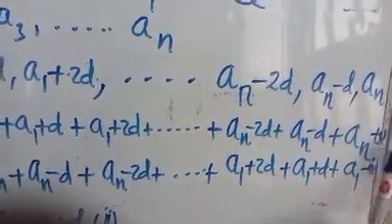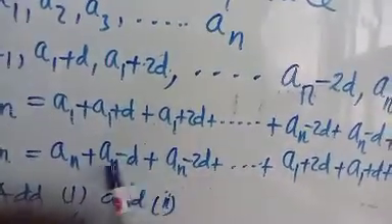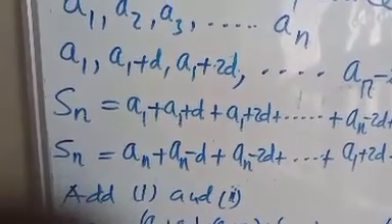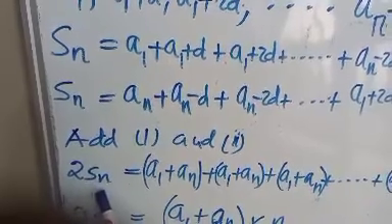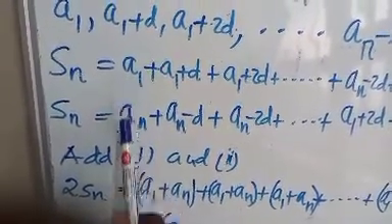After this, we have to add the two equations, the first equation and the second equation. Here, if we add, we have Sn plus Sn, which gives 2Sn, as you can see here. Then we take a1 plus an.